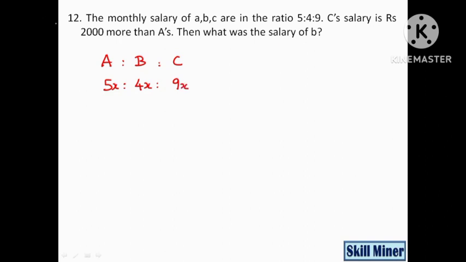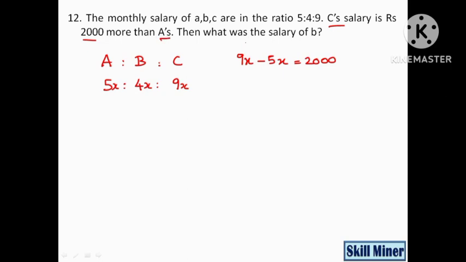C's salary is rupees 2000 more than that of A, which indicates the difference between C and A's salary will be 2000. 9x minus 5x is equal to 2000. This is the condition. C's salary is 2000 rupees more than A's.